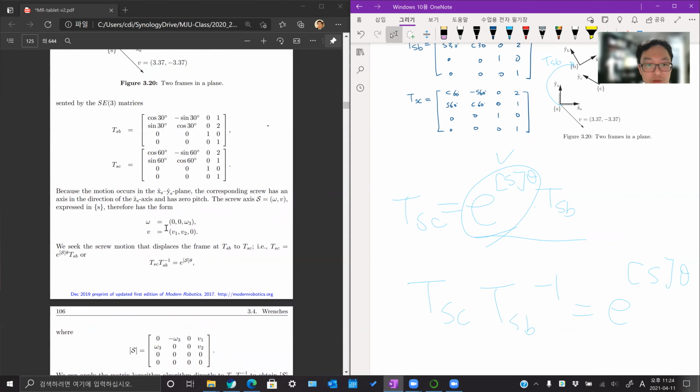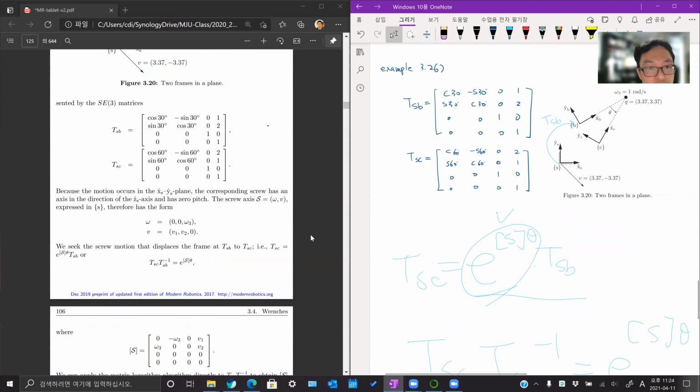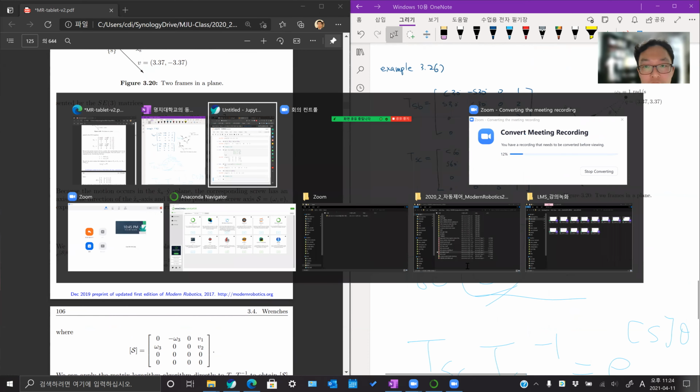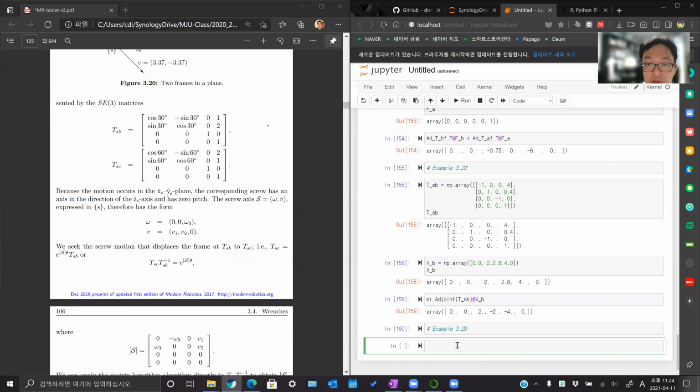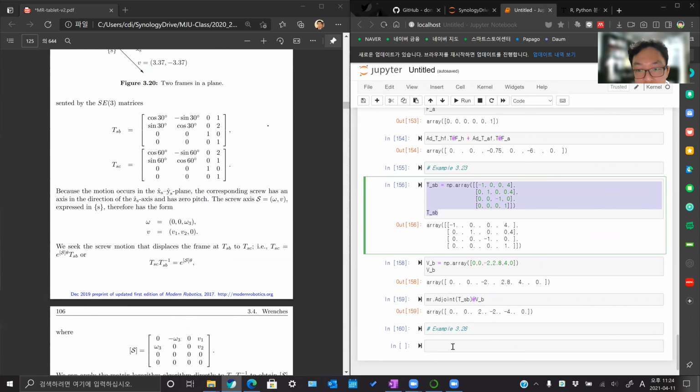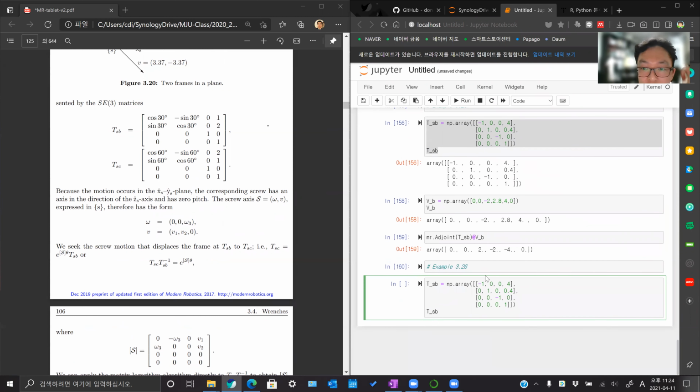Okay, let's do this one first. Let's make T_SB first. T_SB, 1, pi, cosine 30 degree.